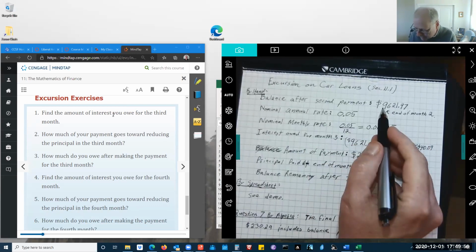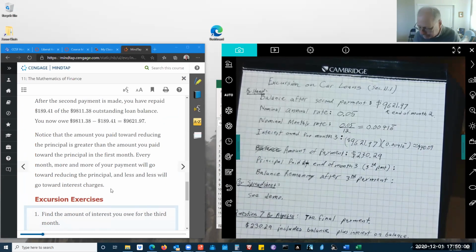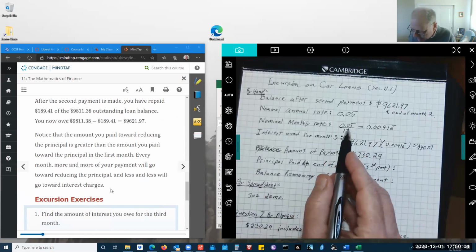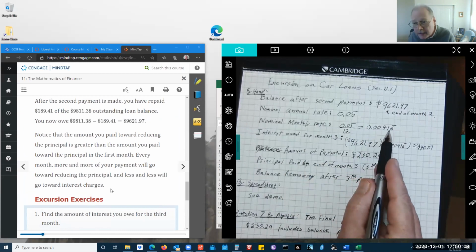So here was your balance after the second payment. Your nominal interest rate, annual rate, your nominal monthly rate, keep all those digits, the sixes repeating.